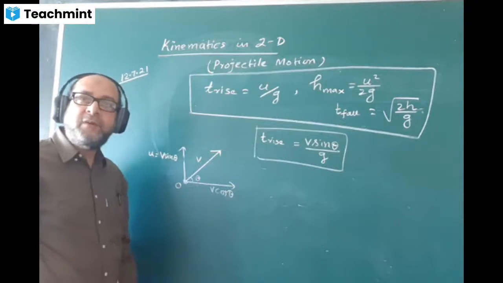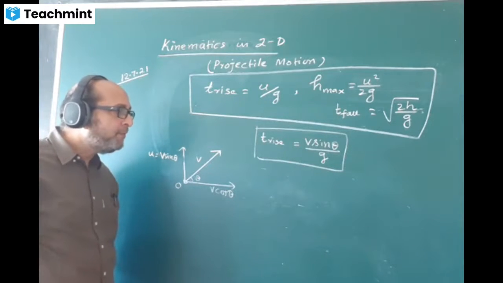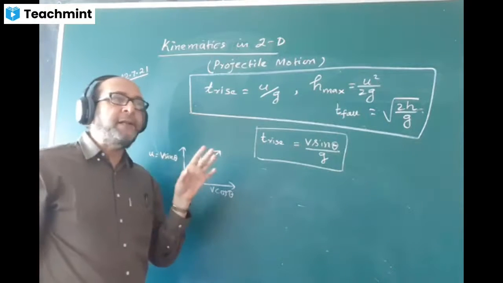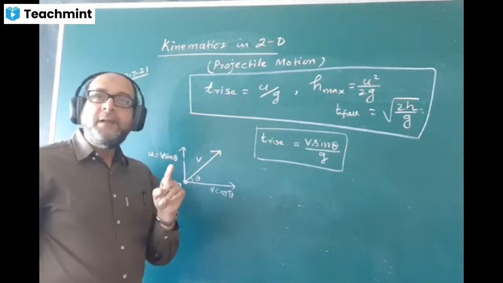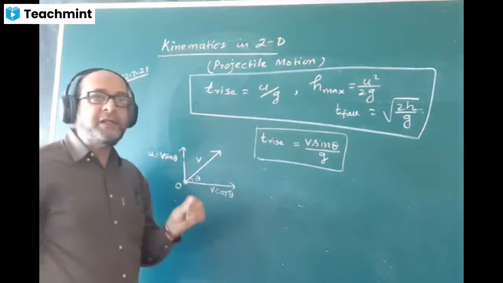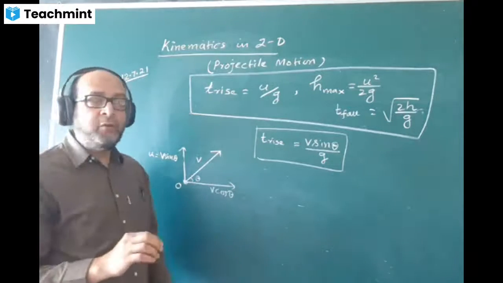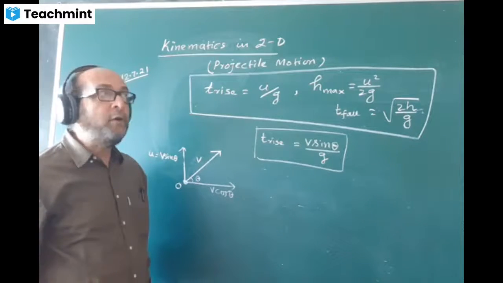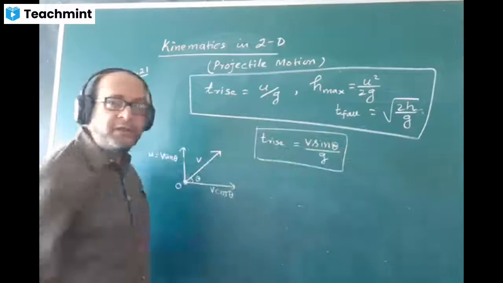Student: Sir, it is also moving in the x direction, no? Yes, of course it is moving in both the directions, horizontal as well as vertical, simultaneously. But when you throw a body, does the body cover some height in the upper direction? Yes, sir. And it will also move in the horizontal direction.